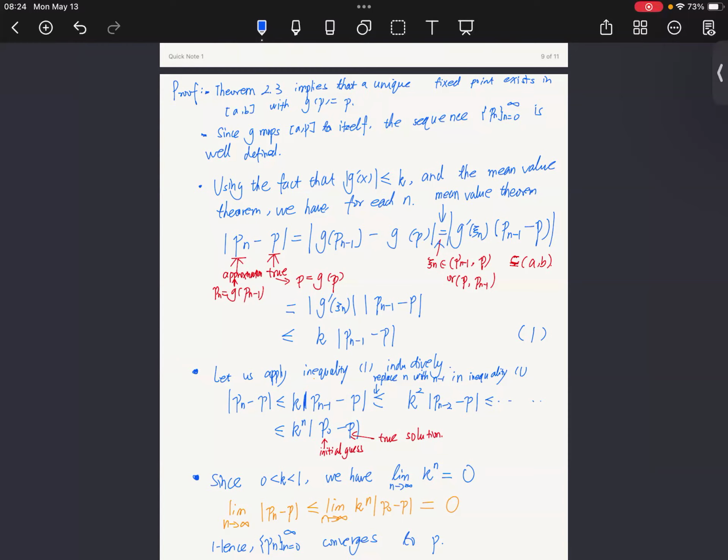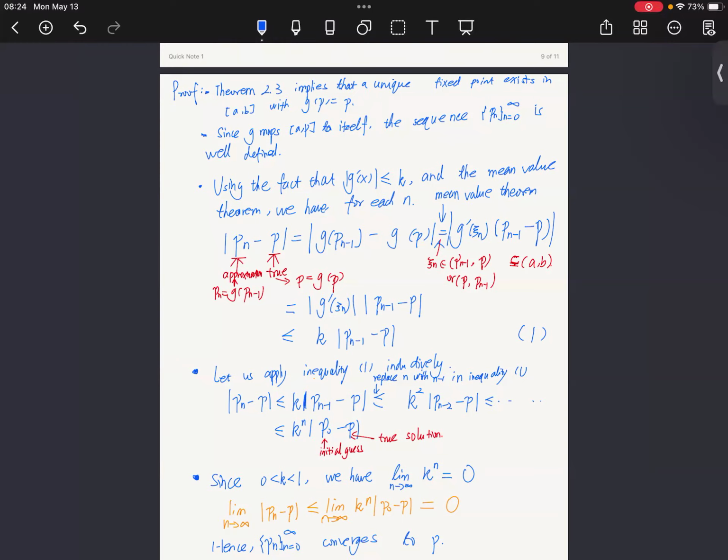This is the initial guess, this is the true solution, and this part is just the initial error. With the assumption that the constant K is smaller than 1, we get that the sequence Pn converges to P. This is the overview of the proof.